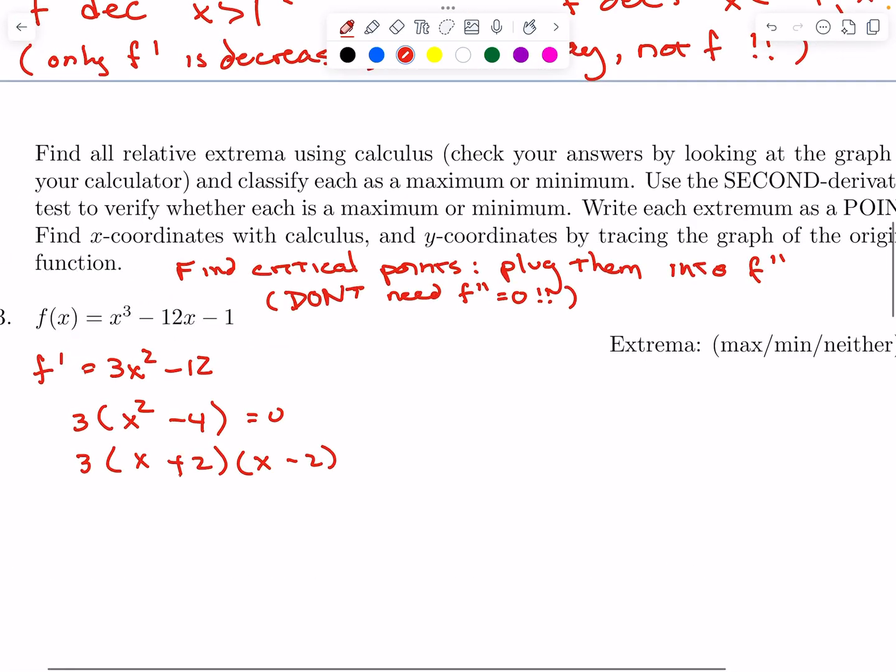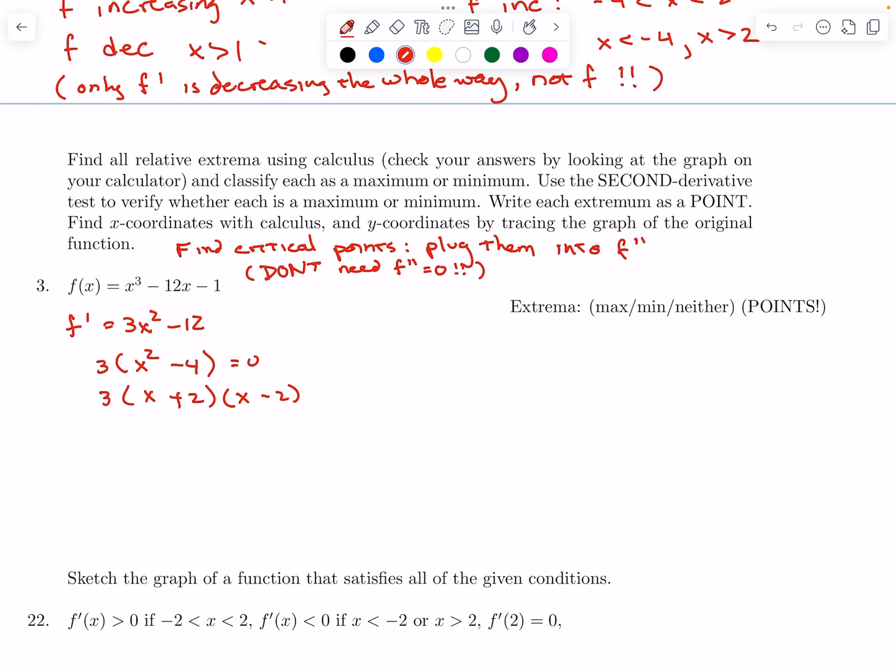Okay, so we do not set f double prime equal to 0 for the second derivative test. What do we have? We have x equals negative 2 and x equals 2. For the second derivative test, what we do is we look at concavity.